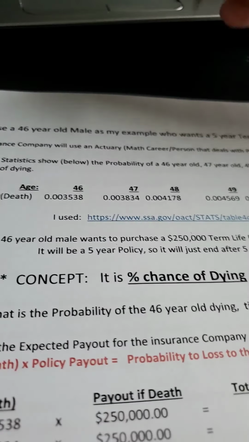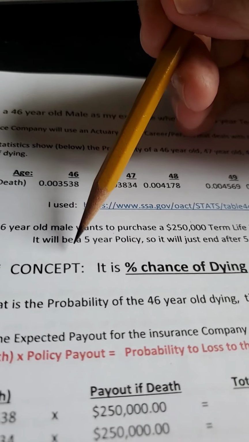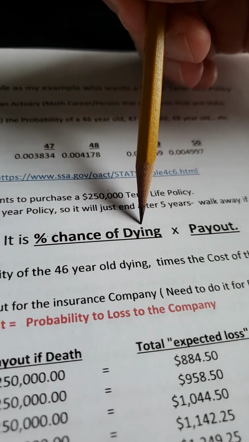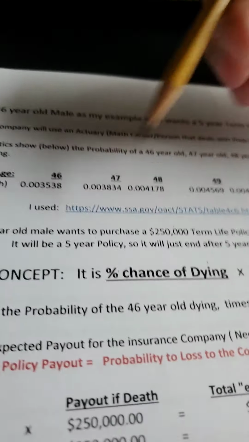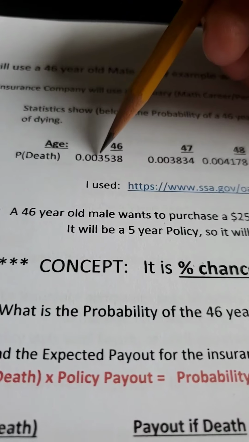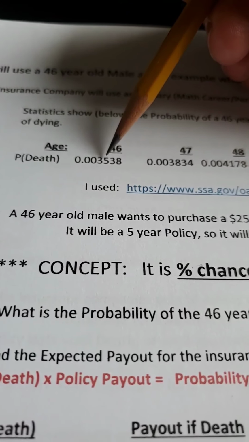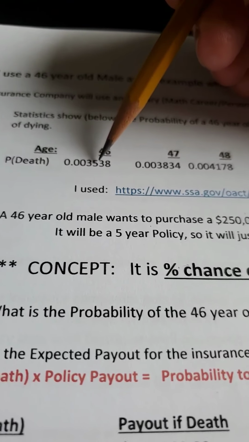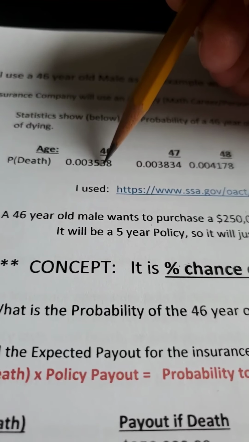Now, this might be hard for you guys to understand, but basically it's similar to the probability of gambling questions that we had earlier. The concept is it's the percent chance you die times the payout. If I have a 0.003 chance of dying, then they have a 0.003 chance of paying $250,000.